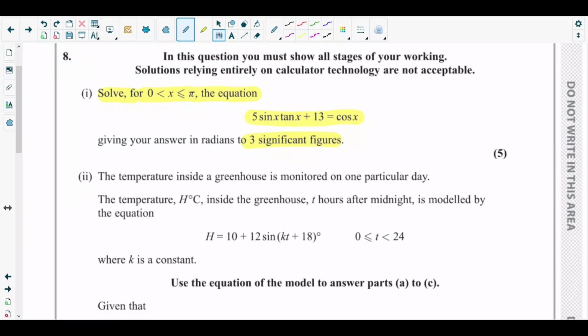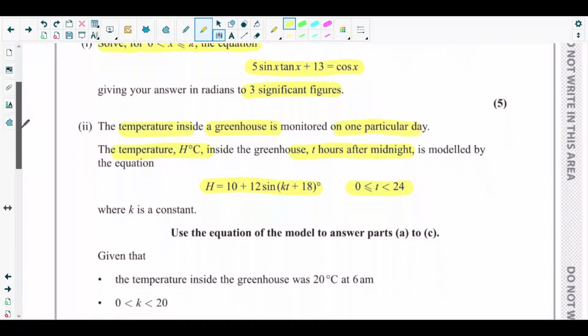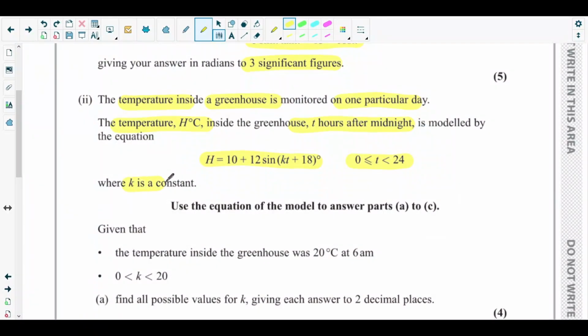Okay, next is part 2 of question number 8. The question says the temperature inside a greenhouse is monitored on one particular day. The temperature H degrees Celsius inside the greenhouse T hours after midnight is modeled by the equation H equals 10 plus 12 sine (KT plus 18) degrees, where T is greater than or equal to 0 and less than 24, and K is a constant.